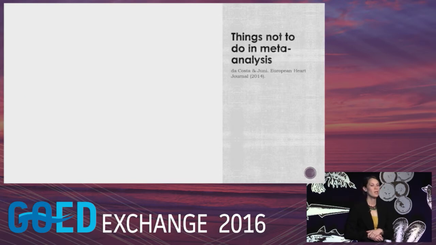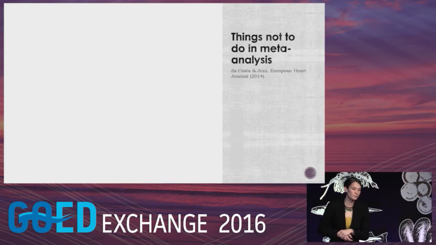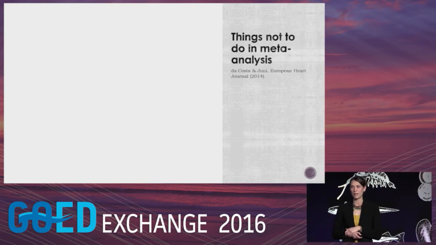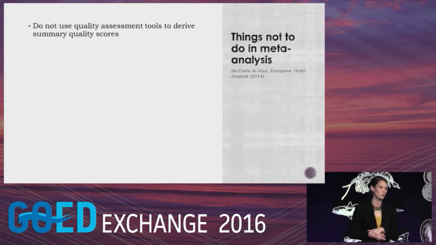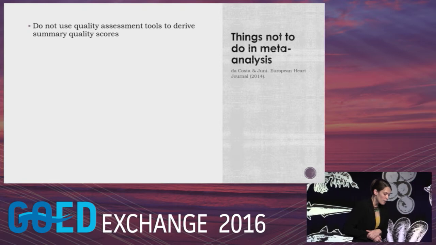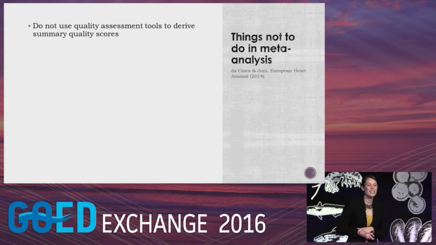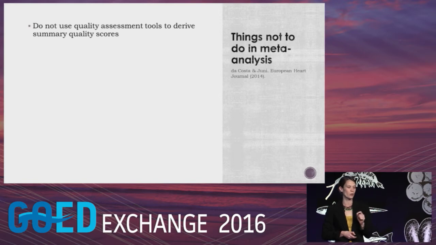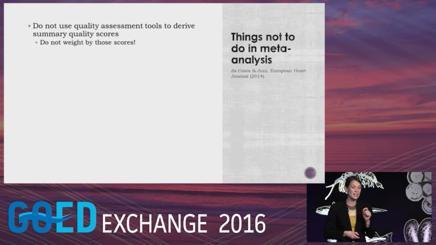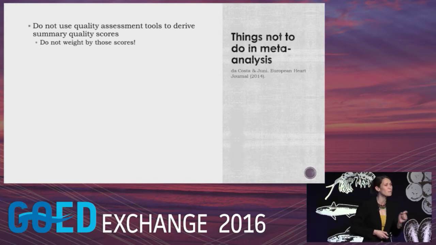Okay, now, what not to do. And these will raise red flags if you're reading a meta-analysis. These should raise red flags. Quality assessment tools to derive quality scores should not be used, and the trials should absolutely not be weighted by those scores.